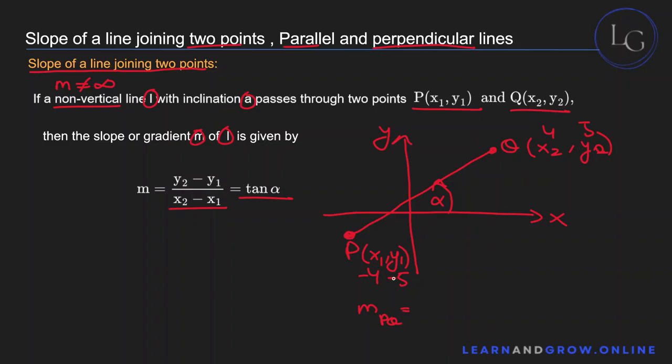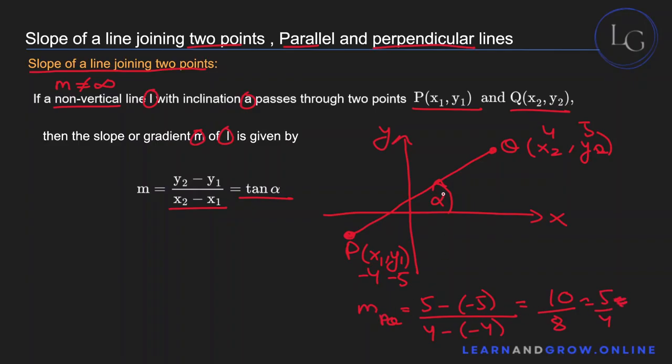So 5 minus -5, and dividing it by the difference of x2 and x1. So 4 minus -4. Well, that would be equal to 10 over 8, right? Which is equal to 5 by 4. And that is the gradient of PQ.